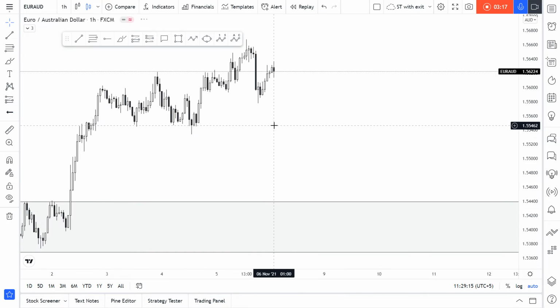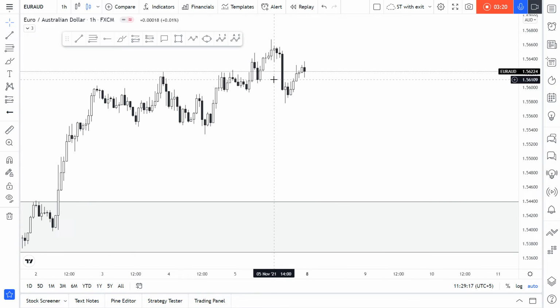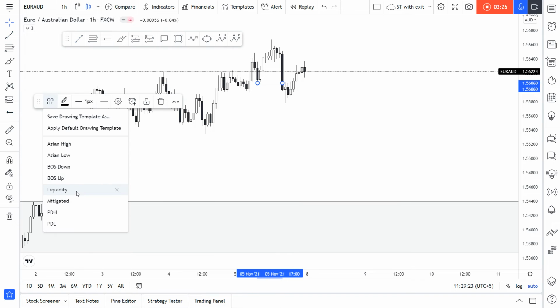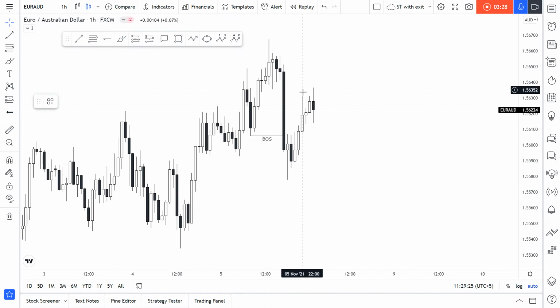Going to the lower time frame, we can see that we got a break of structure over here on the 1 hourly time frame, actually.